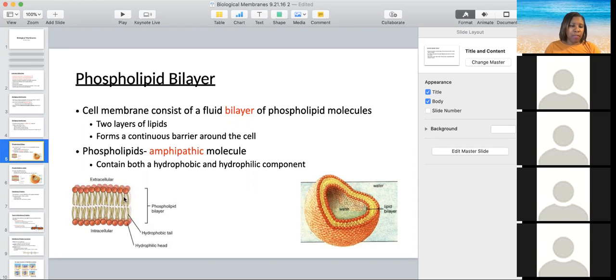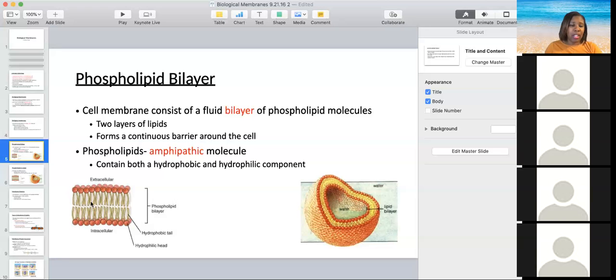Okay, this amphipathic molecule has a hydrophilic head, and then it has these hydrophobic tails. So these heads of the phospholipid are hydrophilic, and those would be the regions that readily interact with water. And these hydrophobic tails are going to interact together in the middle, and they are responsible for that semi-permeable feature of the plasma membrane.